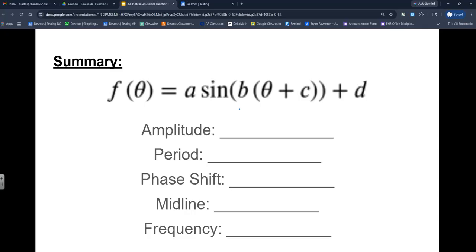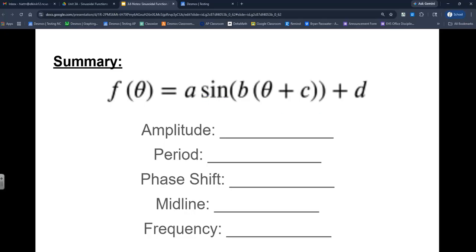So on this next slide, we just have a summary of all of this stuff put together, because we're going to see this form of an equation really often. You will note that it says sine right here, but it really doesn't matter if it is cosine instead. Sine and cosine functions have all of the same properties that we're looking at here.